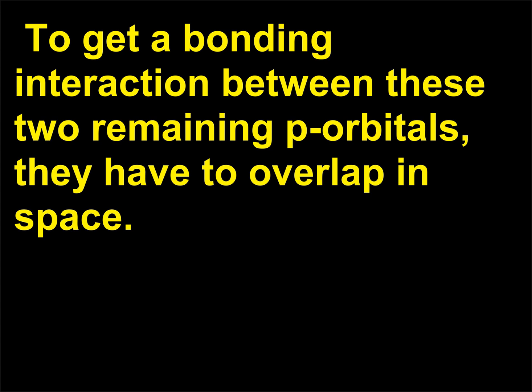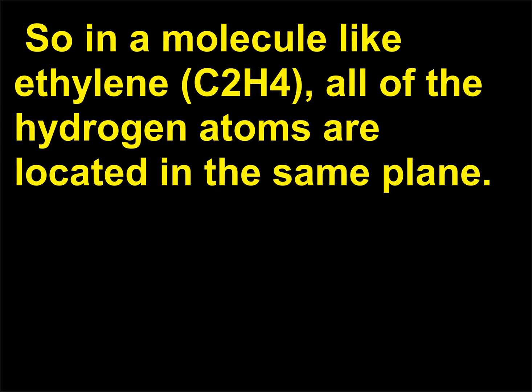To get a bonding interaction between these two remaining p orbitals, they have to overlap in space. So in a molecule like ethylene, C2H4, all of the hydrogen atoms are located in the same plane.